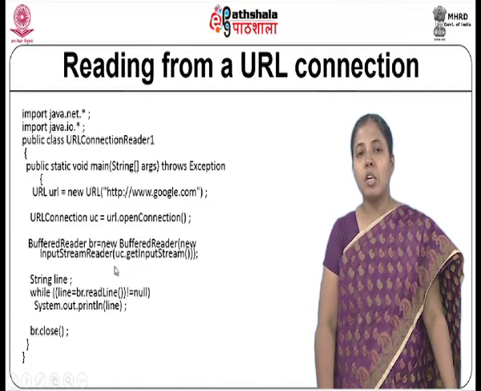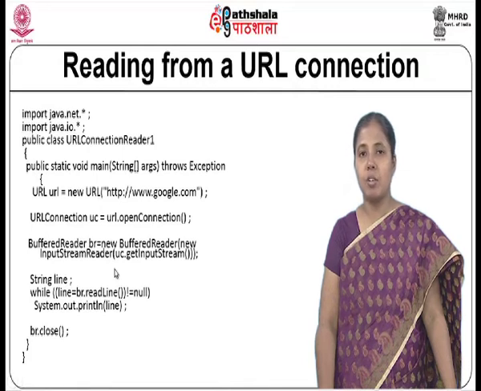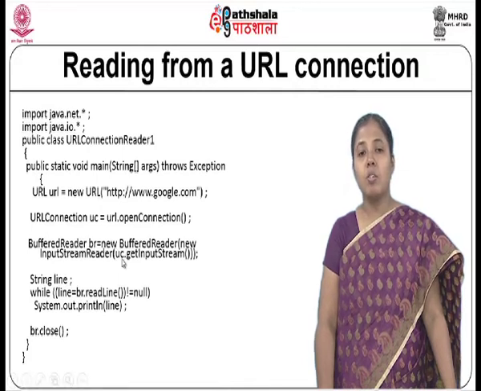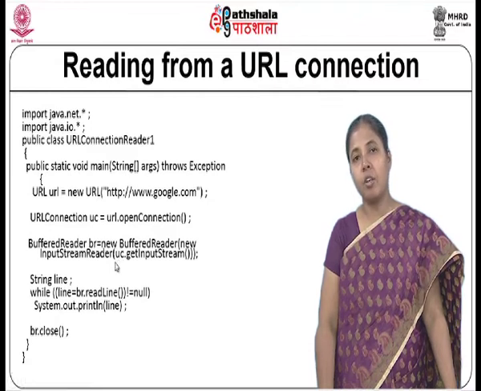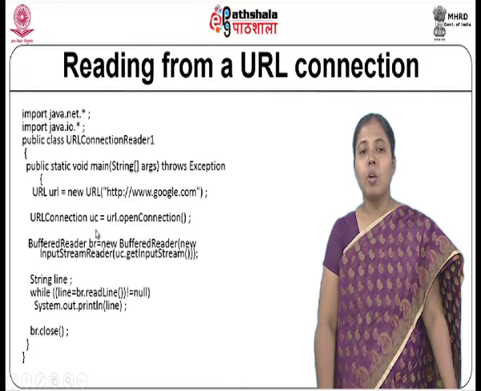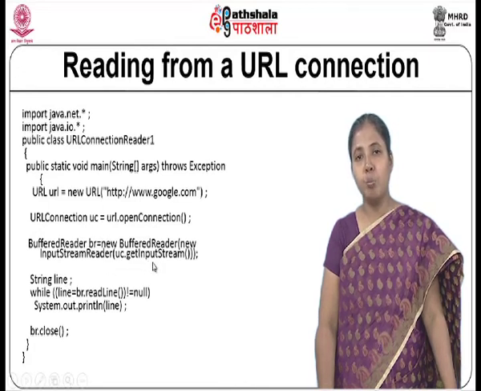So, this would return an input stream. In the earlier example we had the open stream that returns an input stream. Now, this is an input stream associated with the URL connection class. So, use the URL connection object UC dot get input stream that returns an input stream to read from the URL connection.